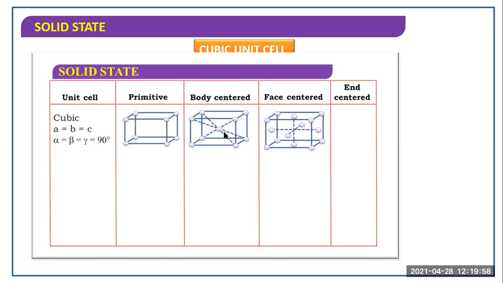And this body center atom is fully in the cube, no fraction of this atom is contained by the other side or other cube. Here you can see the face center atom: half will be in this cube, and the other half will be in the upper cube.